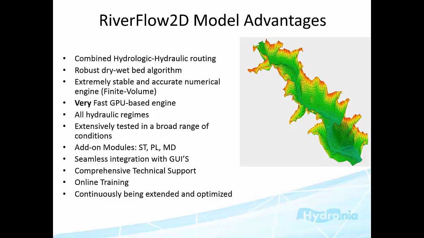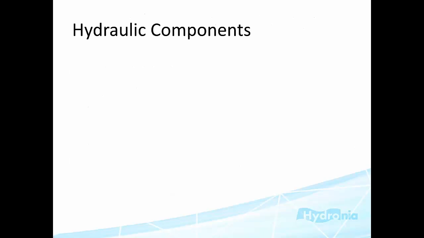We've been working with them since 2012, and through this agreement we have developed many of the features that are embedded now in the RiverFlow2D model that is commercially available today. So this is not the work of a single person. This is a group working together to put the best of each part into the development of the best model that we believe is available.